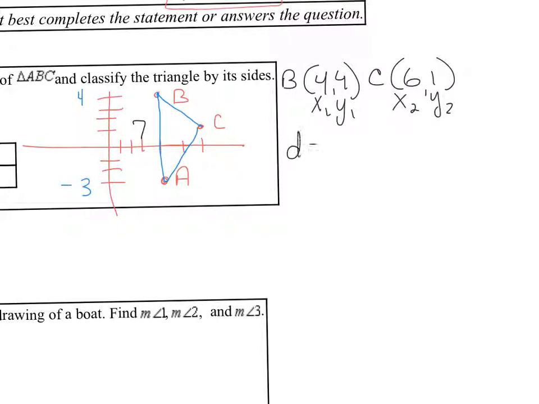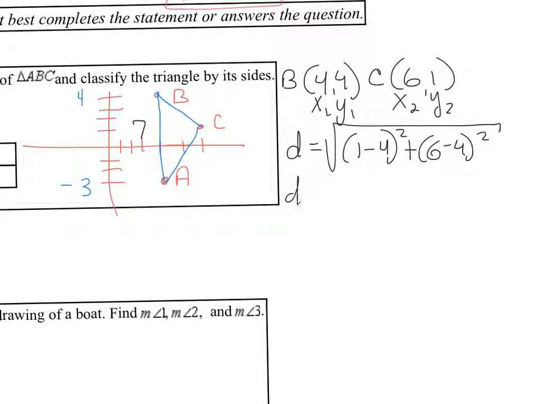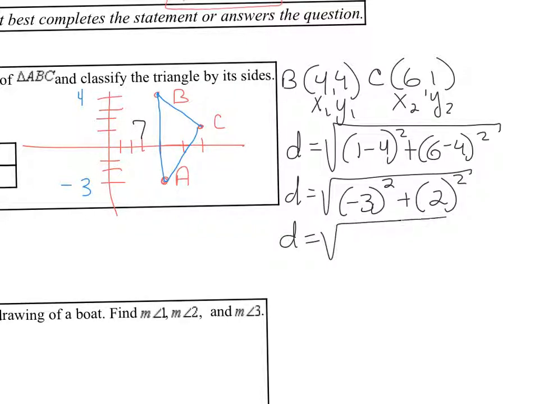Put it into the distance formula. 1 minus 4 quantity squared, 6 minus 4 quantity squared. So what is 1 minus 4? Negative 3 squared. And 6 minus 4? 2 squared. What is negative 3 times negative 3? 9. And 2 squared is 4. So the distance here is the square root of 13.